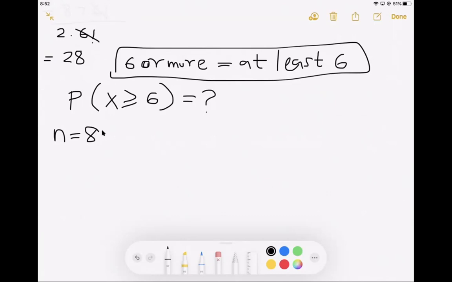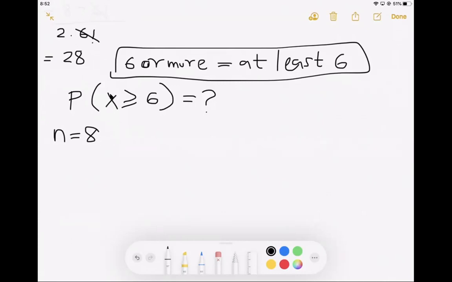In the first 2 or 3 slides, I told you what are the possible x values we can have. If we have n, x can be 0 up to n, including 0 and n. That means we can have 8 also as our x, because we have 8 individuals.